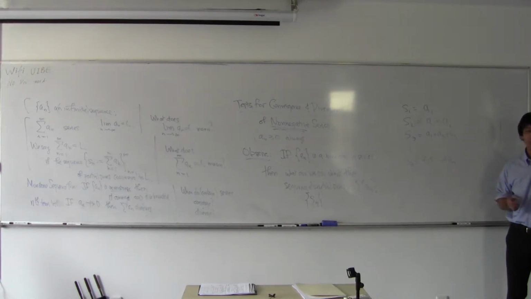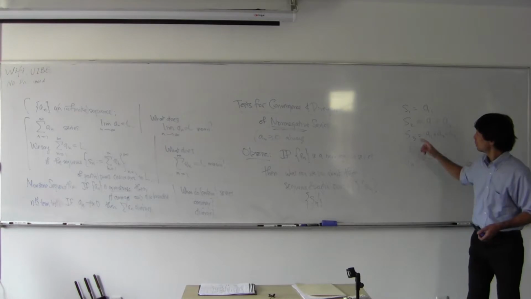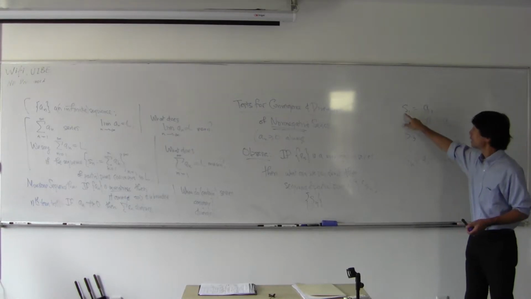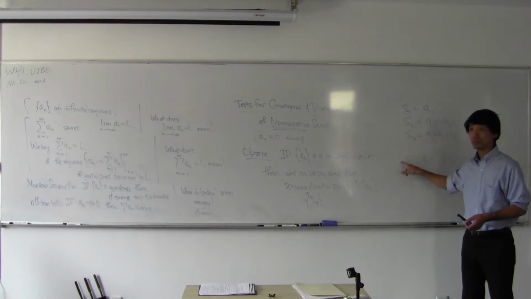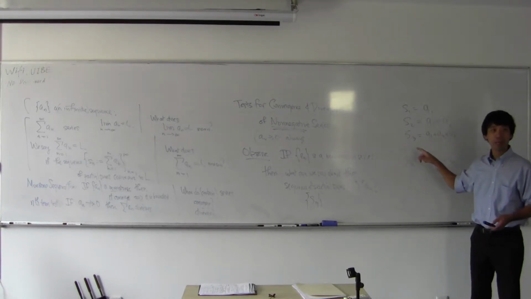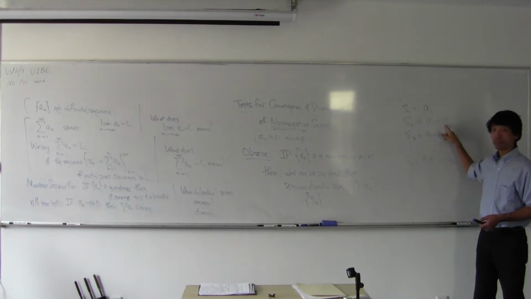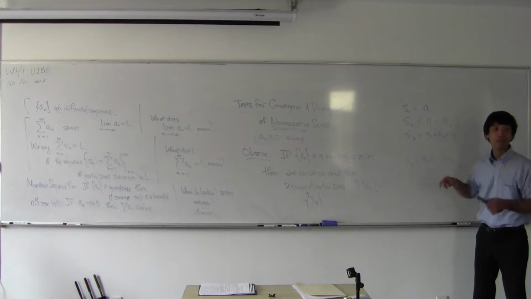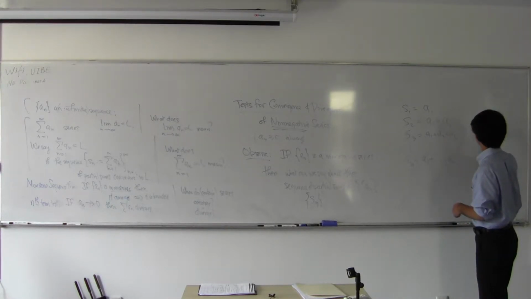Let me make a simple observation. Yeah, these are non-negative. So certainly it's also a non-negative sequence, but you can say something a little bit better. The first one is A1, the second one is A1 plus A2, the third one is A1 plus A2 plus A3. It's increasing, or at least non-decreasing. Yeah, very good.